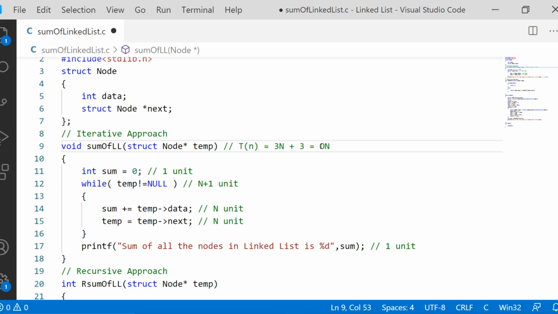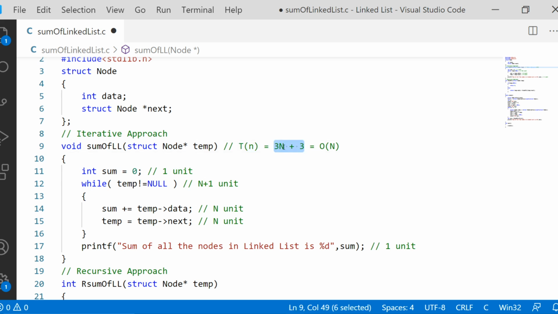So order of n is the time complexity. What did you do? You found all the unit times, so you wrote a time function representing the unit time taken. This is a polynomial function.